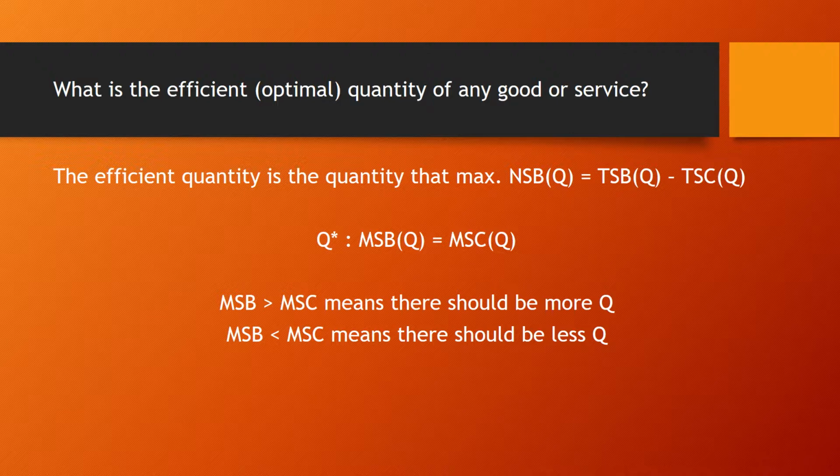And this is true from an economic efficiency point of view for any good, such as gallons of gasoline or bottles of beer, or the number of red Cadillacs, or the number of bald eagles, or the amount of clean air, or the amount of clean water. The efficient or optimal quantity of something like bald eagles is where the marginal social benefit equals the marginal social cost.